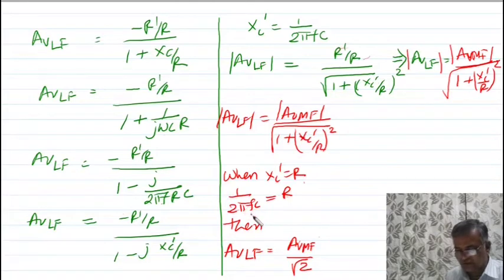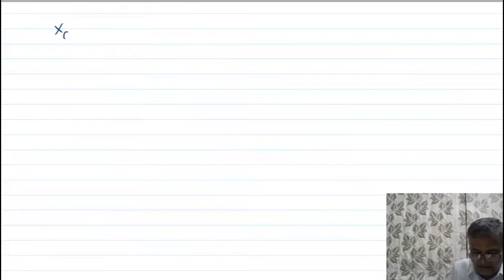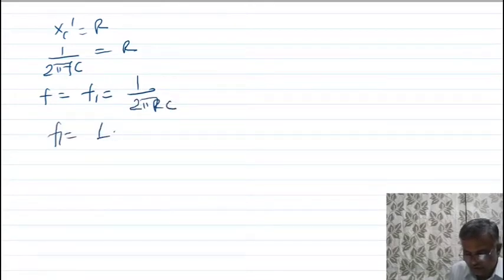So this f is called lower cutoff frequency. Therefore, when Xc dash is equal to R, f is the frequency which is known as the lower cutoff frequency.